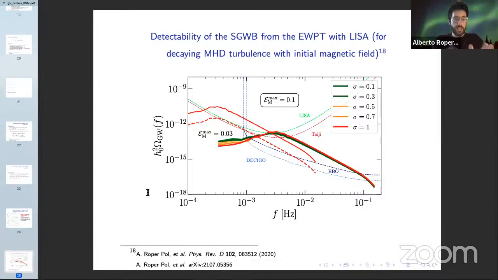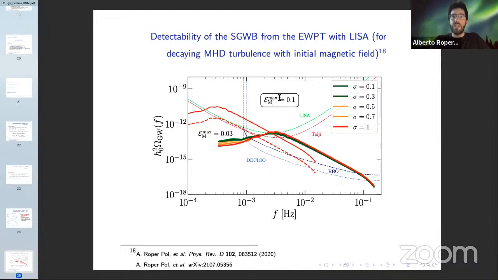And if we scale these results to the electroweak phase transition, we can compute the final gravitational wave spectrum that we would be observing at the present time, and compare that to the sensitivity of LISA. So here, these are the results of simulations where we are considering different parameters of the fractional magnetic helicity, from fully helical to almost non-helical, and we can see that there is not a big impact on the final spectrum of gravitational waves.